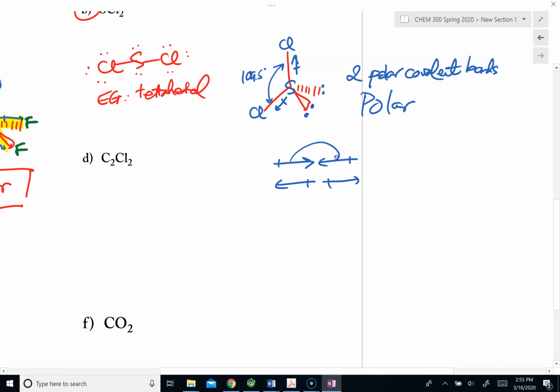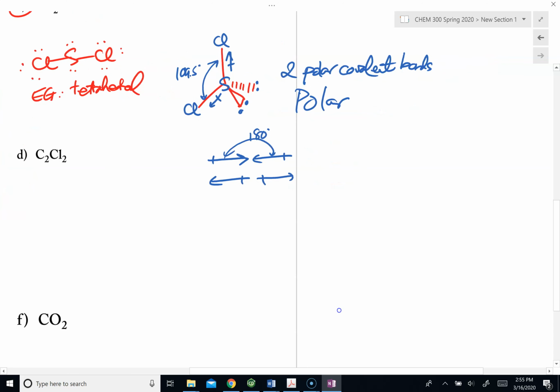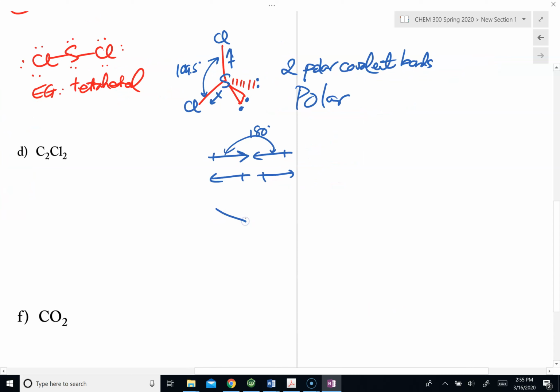But the angle between them has to be 180 degrees. And if we were to have exactly 180 degrees, then they would cancel each other out. Whereas if we were to have 2 dipole moments, and now the direction is not 180 degrees, but more or less than that, then we would have a net dipole moment.